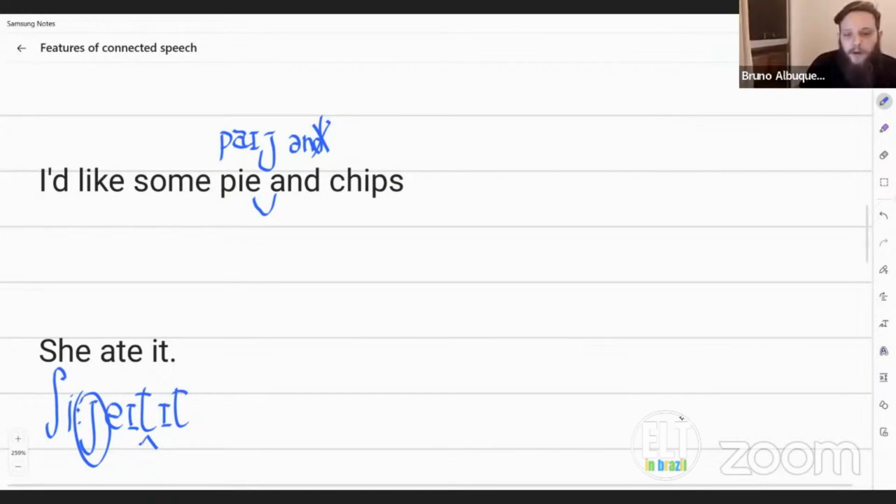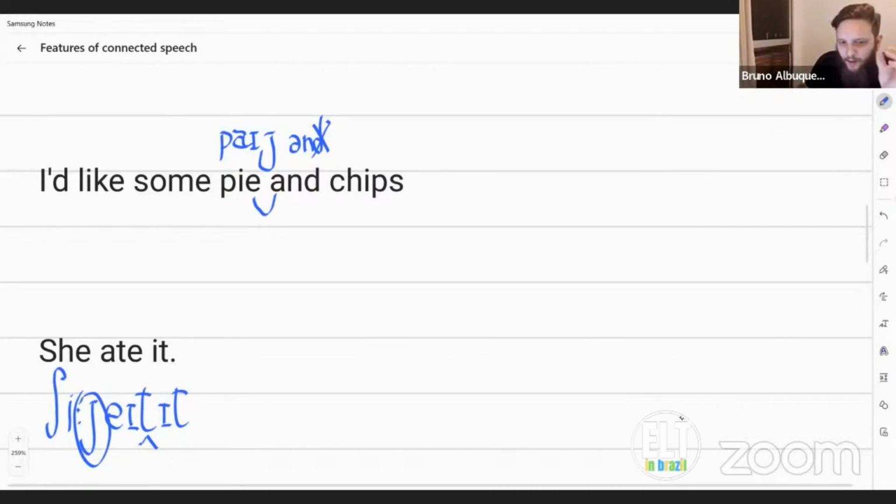Yeah. So when you finish the word "pie," you're in the E position, right? For you to move from the E to A, you glide, and undoubtedly, if you pronounce these two words together, you will have to go through the Y sound. So it's "pie and chips."